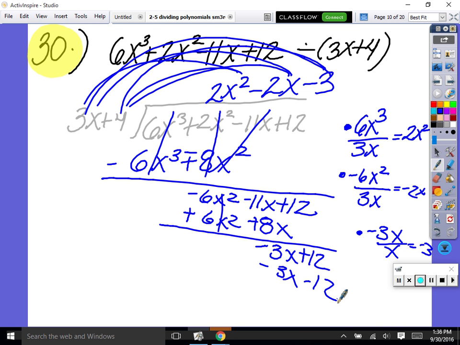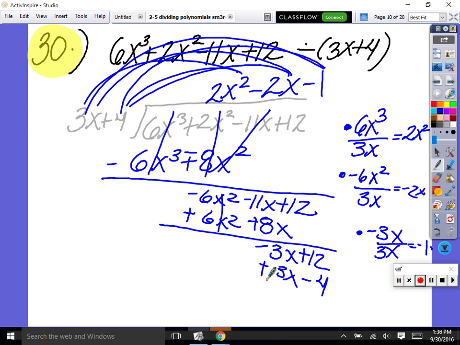This is a 3x right here. This is negative 1. I'm going too fast. Well, I am, because that's why I'm making these errors. Negative 1. Negative 1 times 3x is negative 3x, correct? Negative 1 times positive 4 is negative 4. There we go.